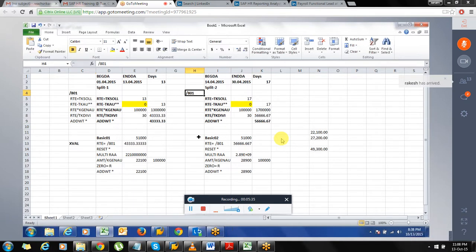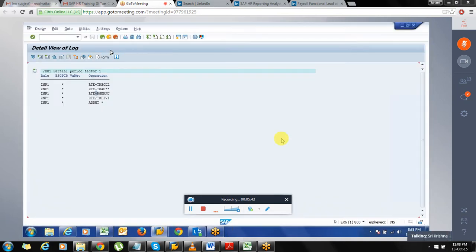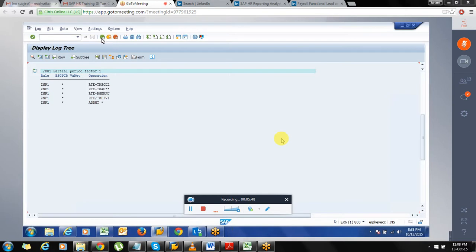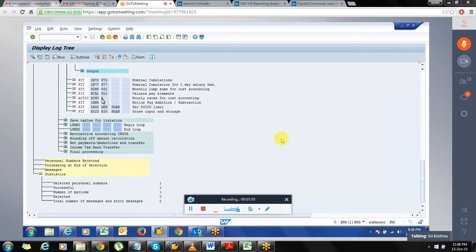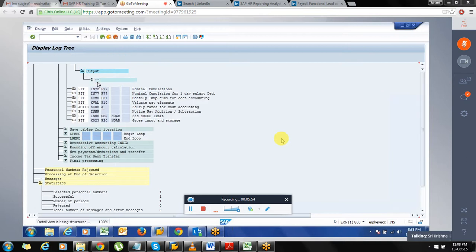If you see the output, this is how it will read the second time, for the second split wage type. The same rule will be read again. In the output, the first 801 for period 1 will be stored with this number, and the second 801 will be stored with these two numbers.